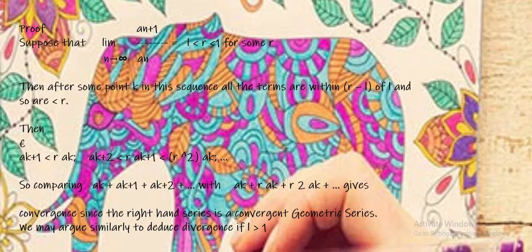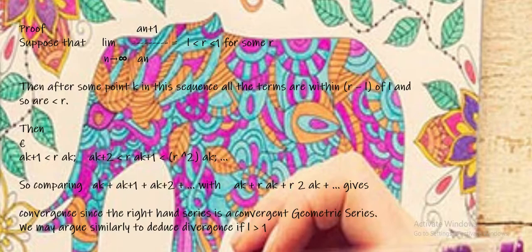Suppose that the limit of a_{n+1} over a_n as n goes to infinity is equal to L, being less than R, and R being less than 1, for some R. Then after some point k in this sequence, all the terms are within R minus L of L, and so less than R.